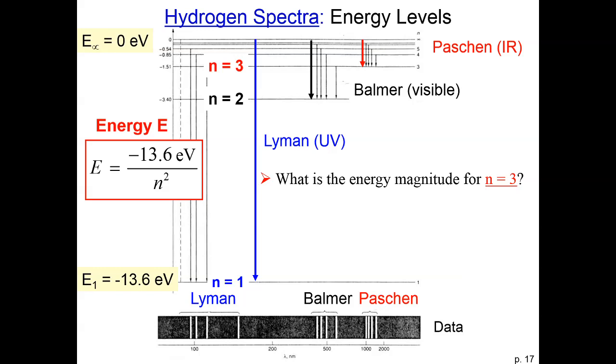Instead of having all possible energies, like a classical object, the hydrogen atom can only have electronic energies that correspond to minus 13.6 eV divided by an integer squared. So if n is equal to 1, then negative 13.6 divided by 1 squared is negative 13.6 eV.